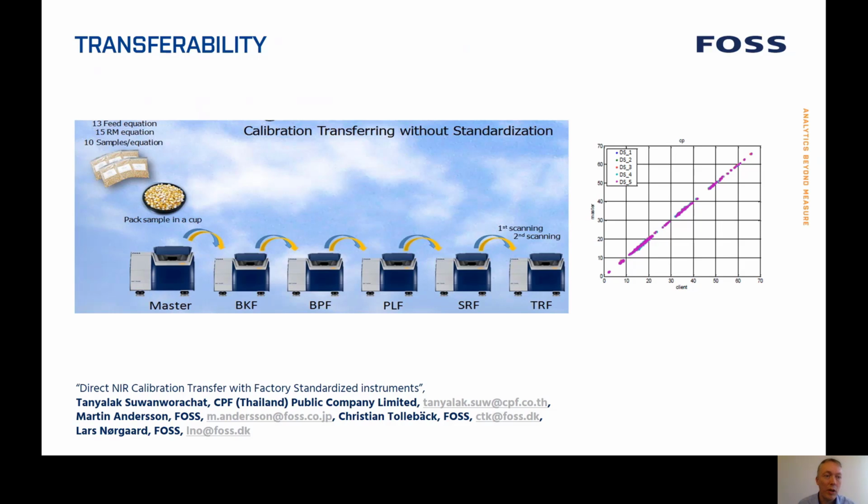The ultimate limit of transferability is that if the transferability performance achieved is better than the repeatability when repacking the sample, then the transferability basically cannot be better.